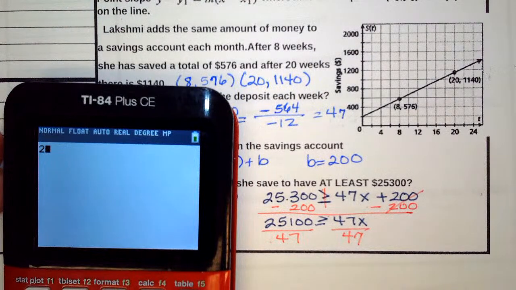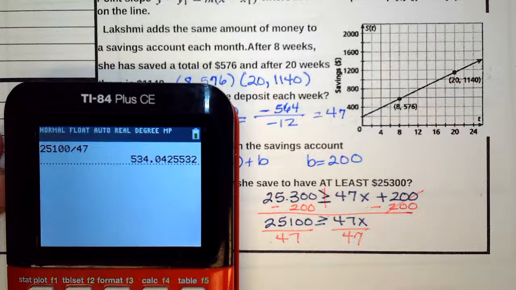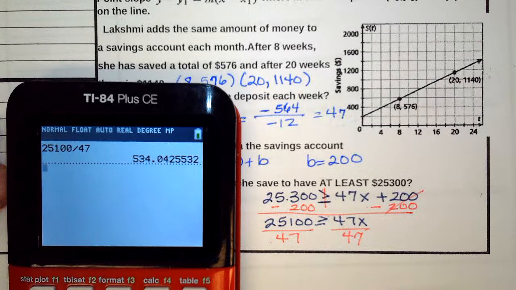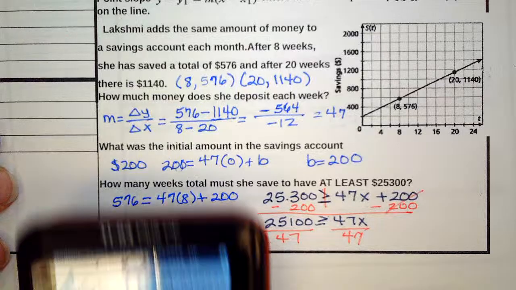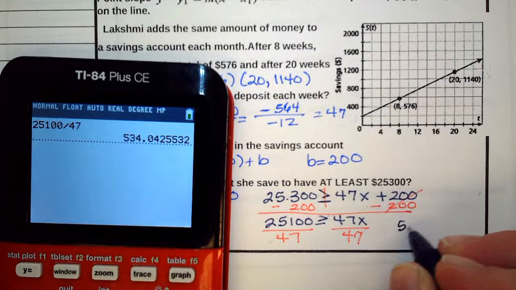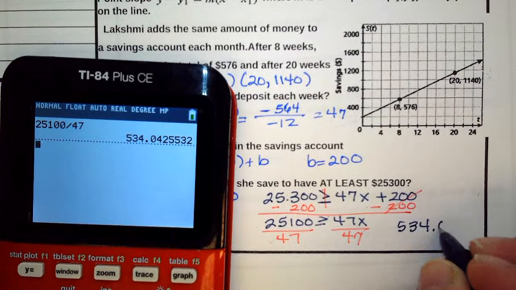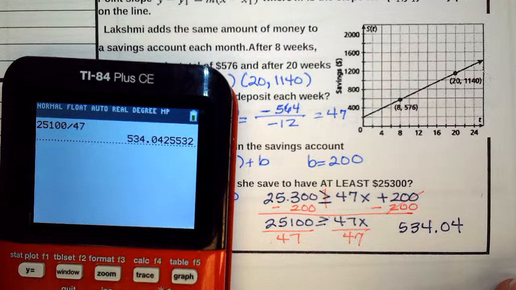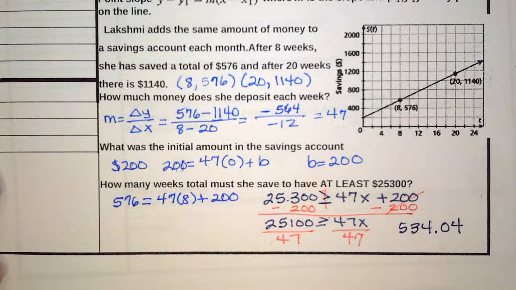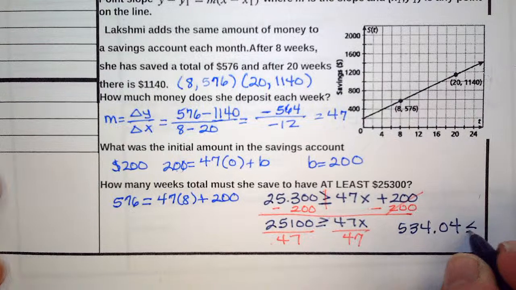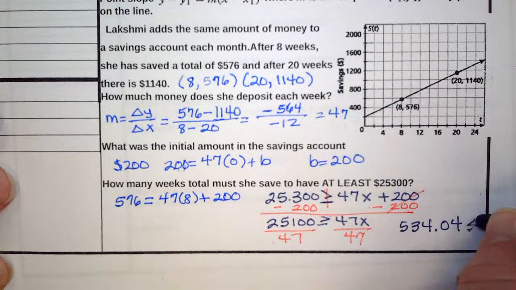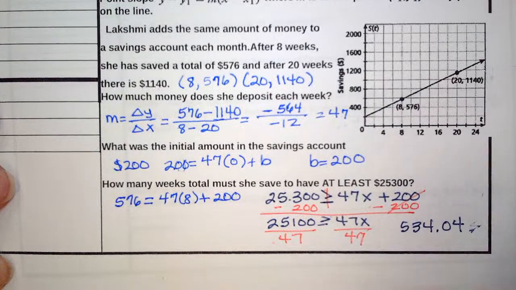Okay. 25,100 divided by 47, and I end up with 534.04. So looking at that, how many weeks would you need? Think about it.